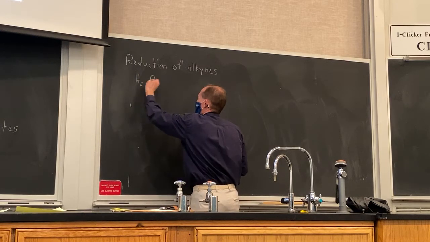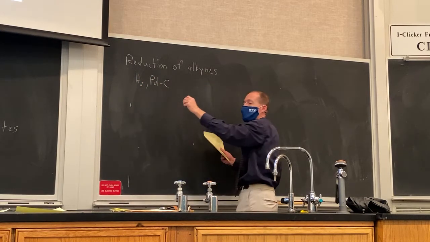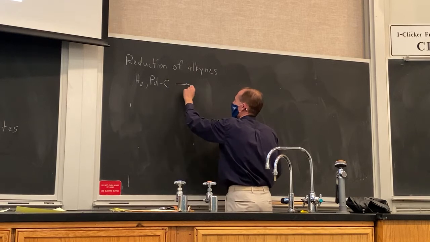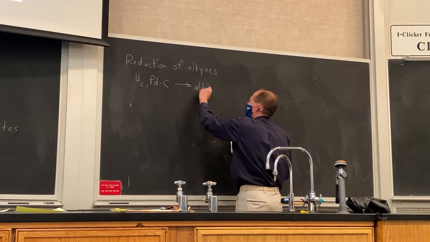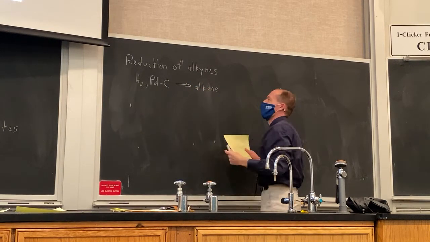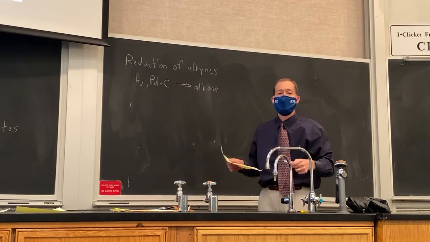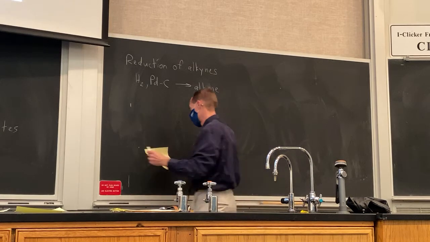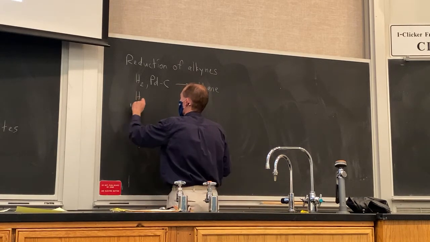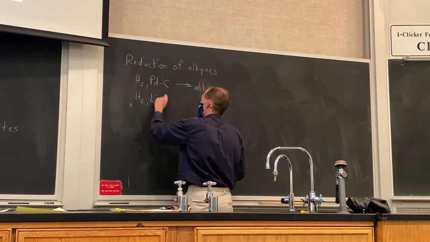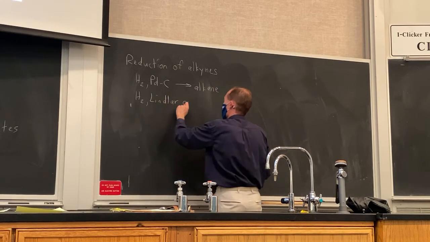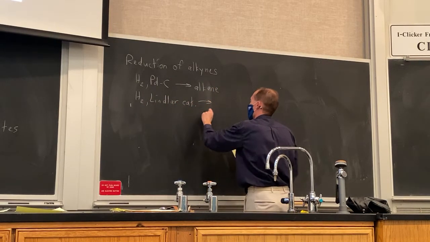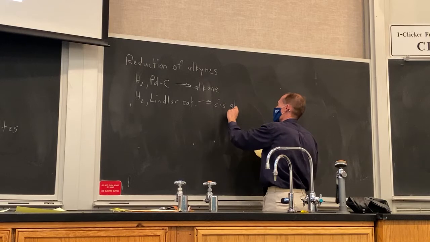If we use hydrogen and a metal catalyst such as palladium carbon, we would generate an alkane. We would reduce an alkyne to an alkene, and then the alkene would get reduced to the alkane. We could use hydrogen and the Lindlar catalyst, and that would generate a cis alkene.